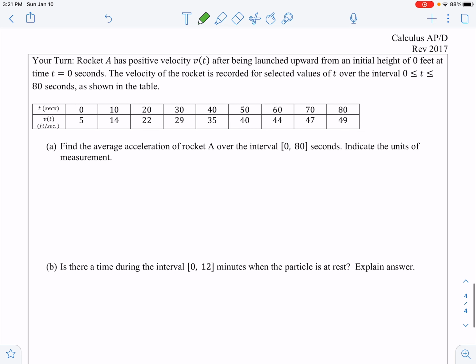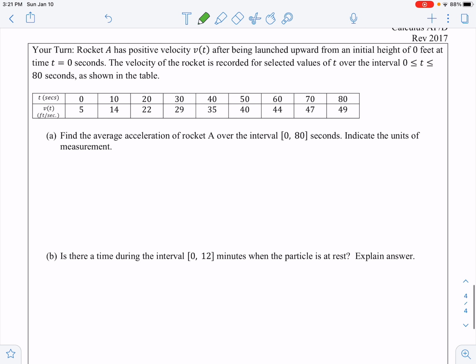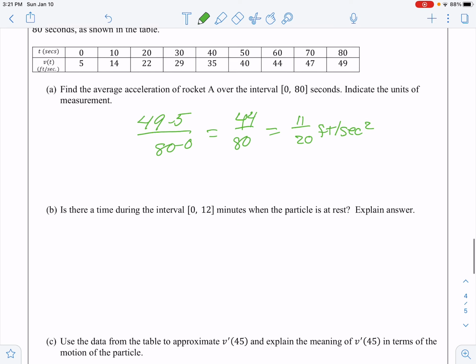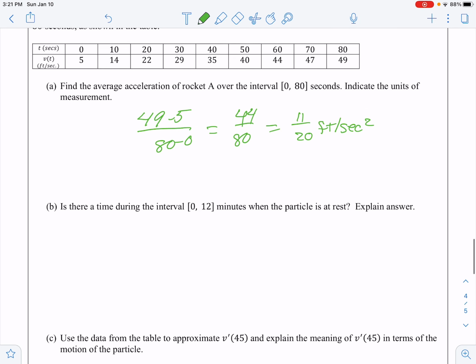All right. The average acceleration from 0 to 80, 49 minus 5 over 80 minus 0 is 44 over 80, which is 11 over 20. Feet per second squared. Is there a time when it's at rest?